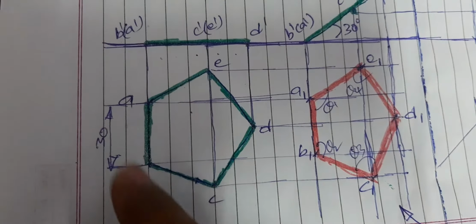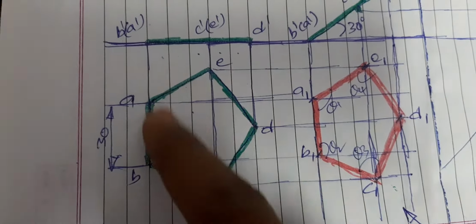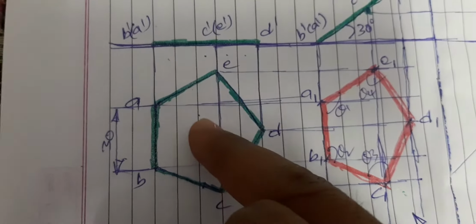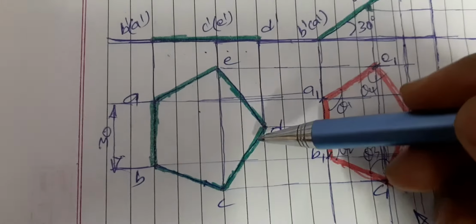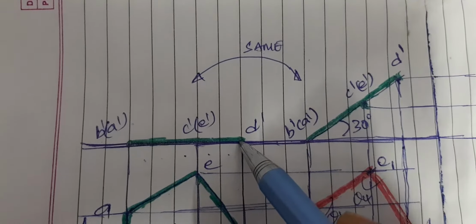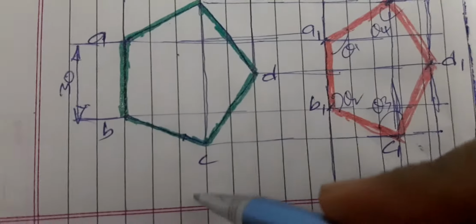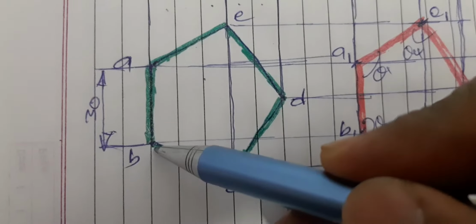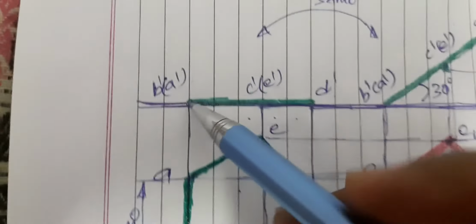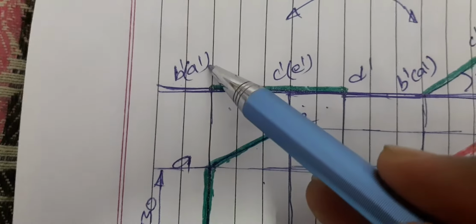After constructing the pentagon like this, you need to name the corners A, B, C, D, E. After that, when you draw the projectors from the corners of the top view onto the reference line, you are going to get the front view as a horizontal line. As it is viewed from the front side, first we see B and after that we can see A, so I wrote here a' b'.